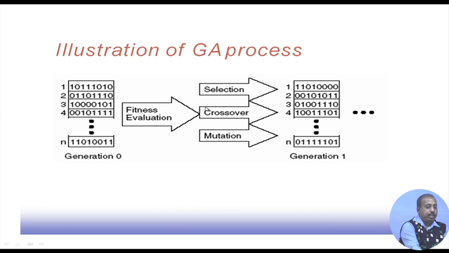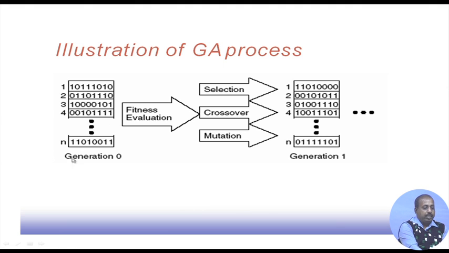Now, there are three operators, as we have said: selection, crossover and mutation. Based on these fitness values of the individuals in generation 0, these three operators create a new population. It may select some of them from the existing population, or it may generate some new ones, and accordingly it comes to generation 1.